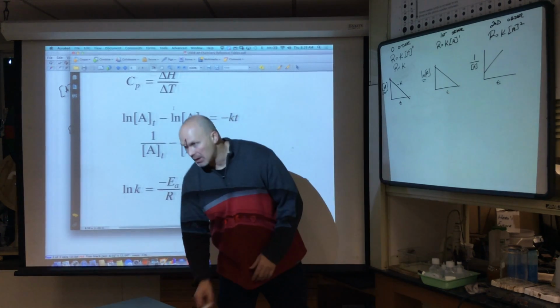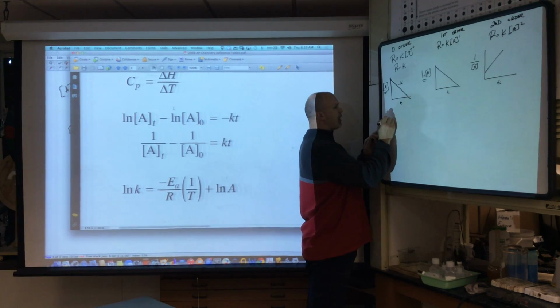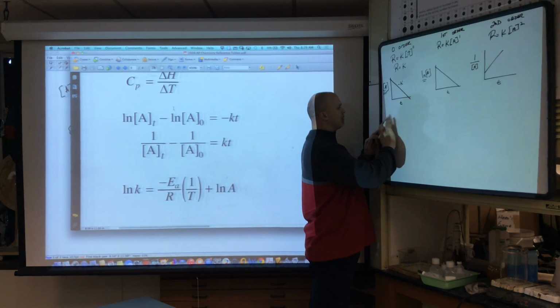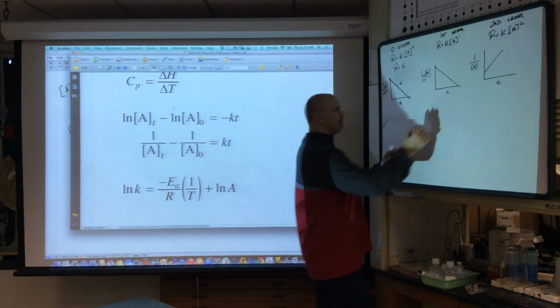Now, a couple of things you should recognize. If I do rate, concentration of A, we do rate over time. Let's do it this way. If it's zero order, it's kind of interesting when you look at these graphs, okay?